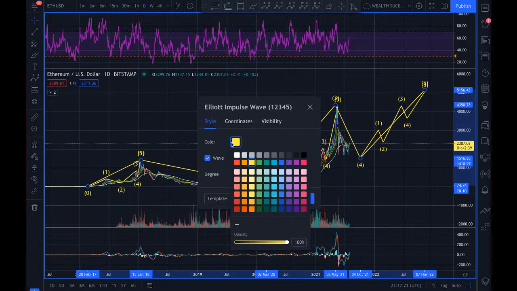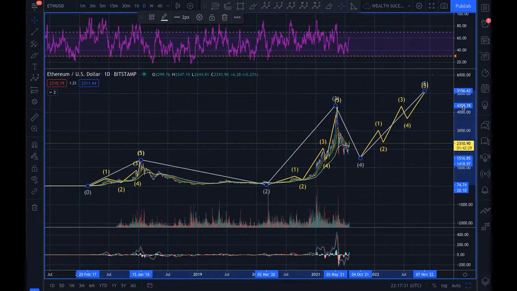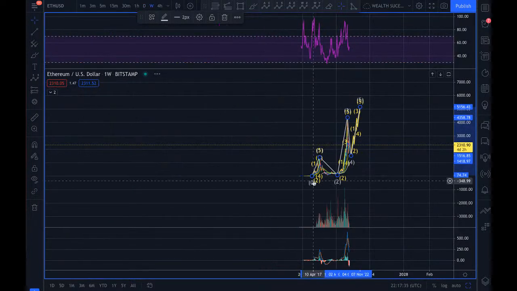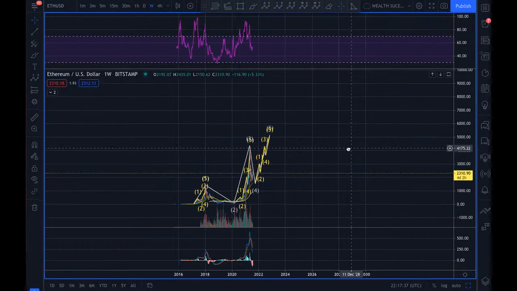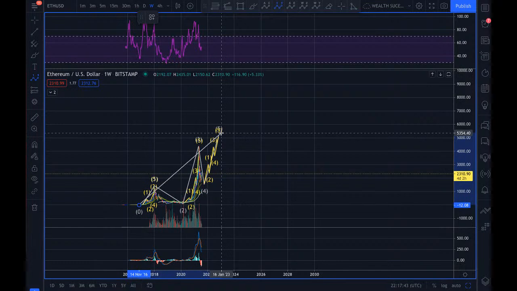Let me change the color of this so you can see subwaves are the yellow and the big wave is the gray. And then once that is done, that would be a wave 1. Wherever it ends, it could go up more.